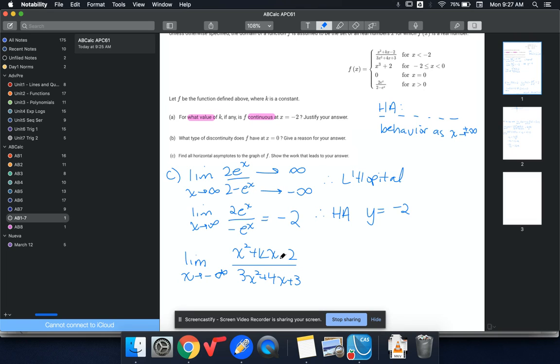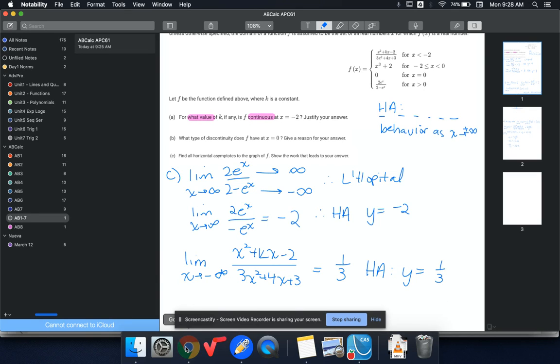Well, this is a rational function. I have same power top and bottom, so the rest of this stuff doesn't really matter. This is going to look like x squared on the top and 3x squared on the bottom. So that's going to simplify to 1/3. So my other horizontal asymptote is y equals 1/3.